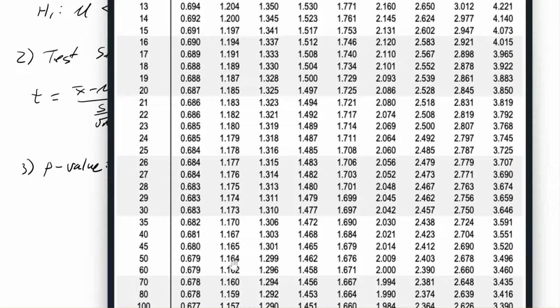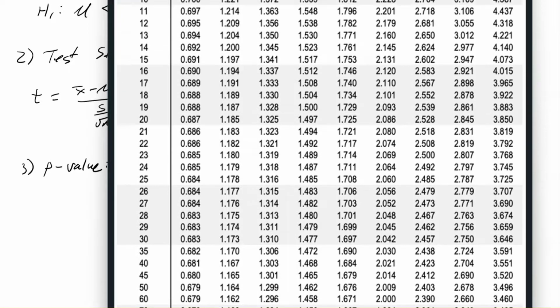So this is greater than 1.159 and this is less than 1.159, right? So these are the two values. We found a p-value for this one and a p-value for this one, and those are the range that our t test statistic is in, right? Because 1.159 is in between these two numbers.